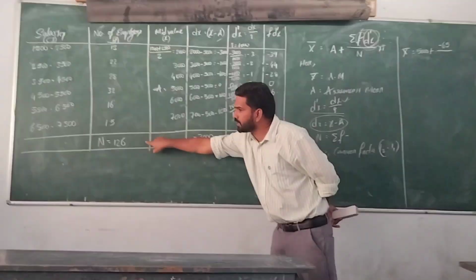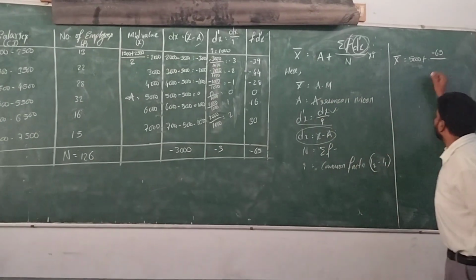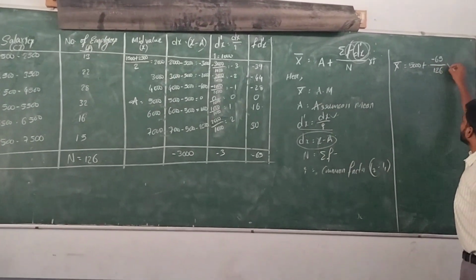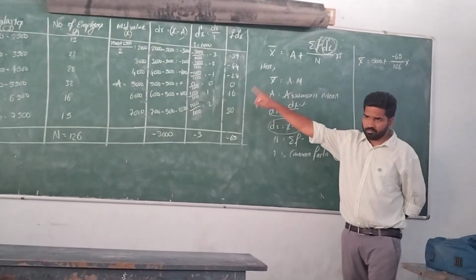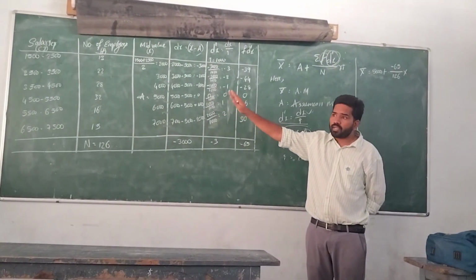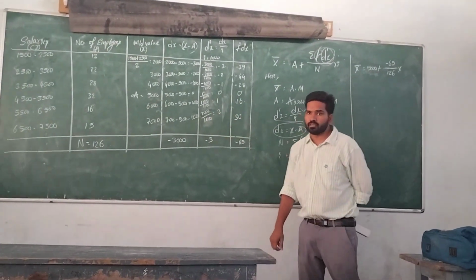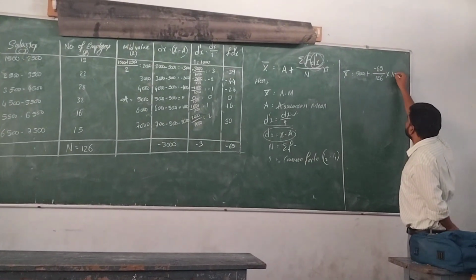The sum of frequency is 126, into i, the common factor. What is the common value for each class interval? 1000.